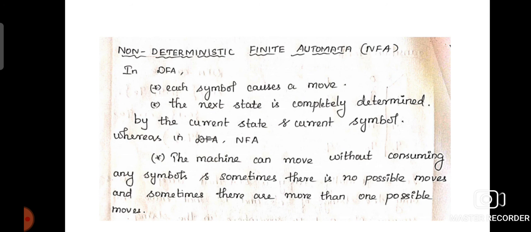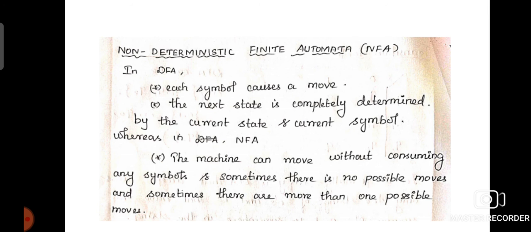different features, like the machine can move without consuming any symbol, or sometimes the machine consumes more than one symbol during the same state transition, and sometimes there are no possible moves and sometimes there are more than one possible moves for a symbol.